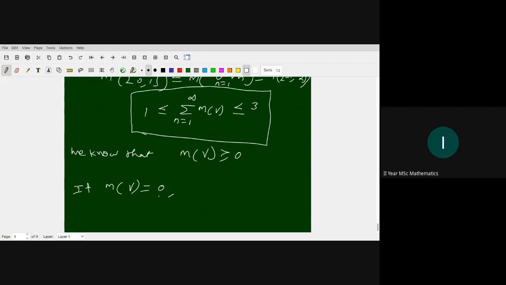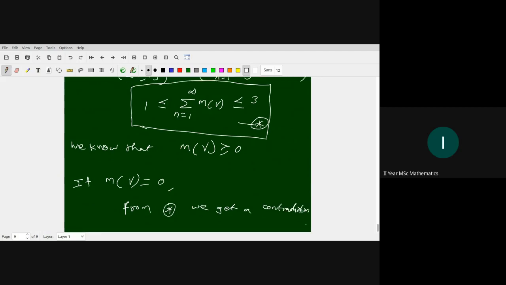If m of B is 0, I take this inequality as star. Star says that 1 is less than or equal to 0. Substituting m of B in star, we get a contradiction to the order relation in the natural numbers.